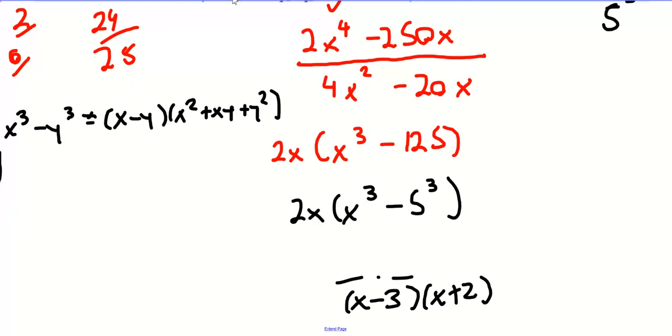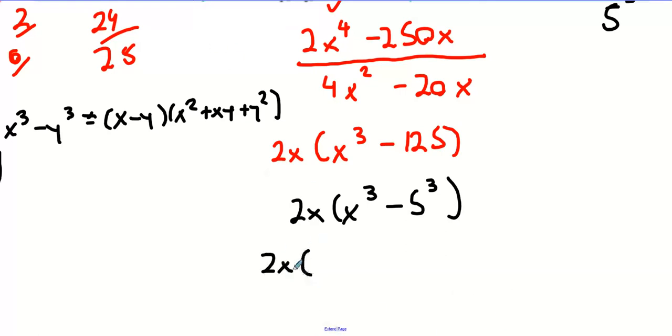We are going to do 2x, and now anywhere I see x, I keep an x, but anywhere I see the y, what do I put? 5. Okay, x squared plus 5x, and 5 squared. 5 squared, anybody? 25, all right?